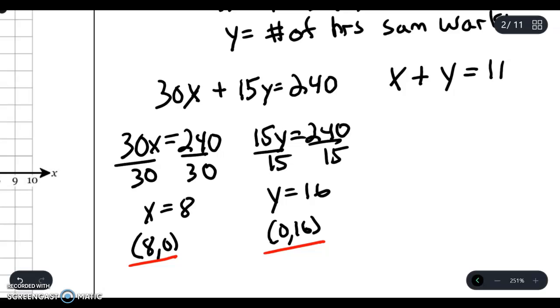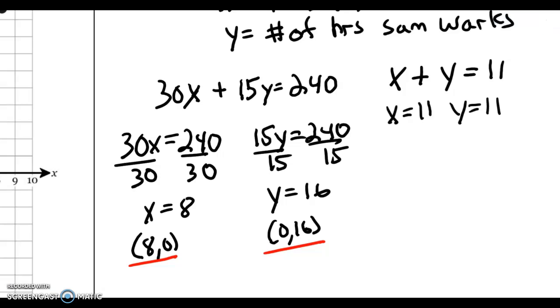When y is 0, what would x be? That's real easy: x will be equal to 11. And when x is 0, what would y be? Y would equal 11. Anytime you see no coefficients on your variable terms, when one is 0, the other is 11, or whatever number is out here.